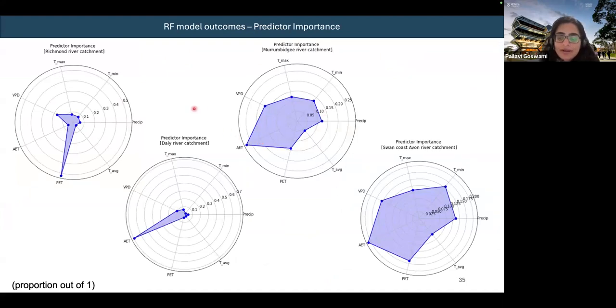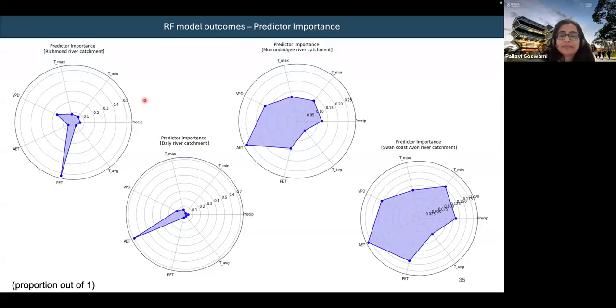The thing with the random forest model is it gives you something called predictor importance. Predictor importance is basically a value that tells you how important a particular predictor is. Because we've got so many predictors, the predictor importance tells us which variable is relatively more important compared to others.